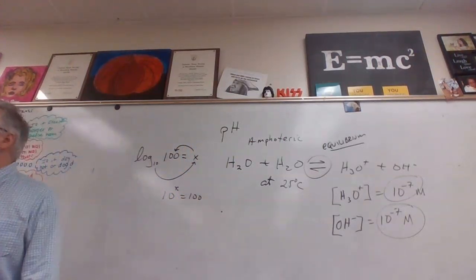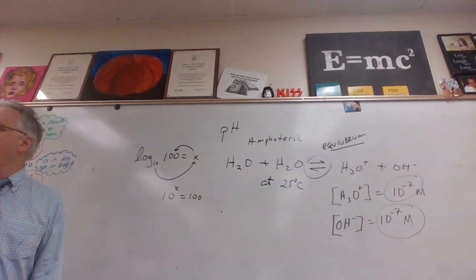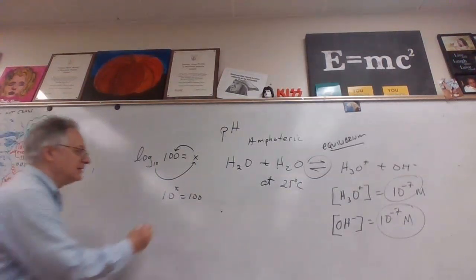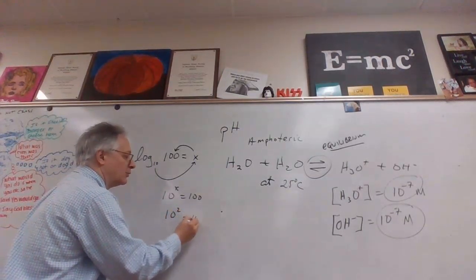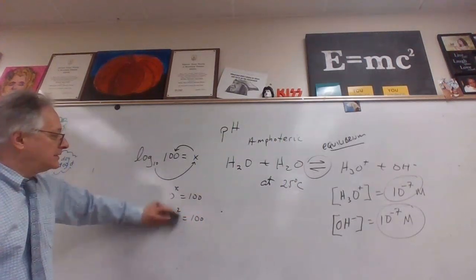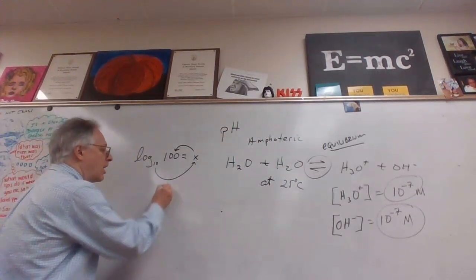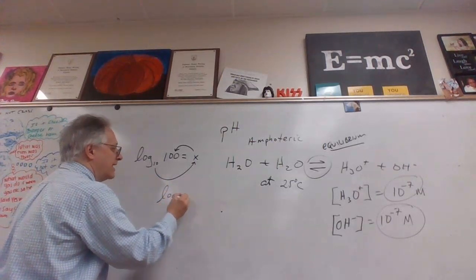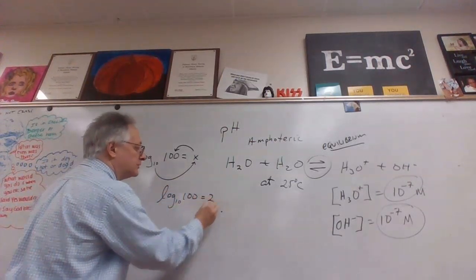So what would your value of x be in that case? 2, yeah. 10 to the 2 is equal to 100. So we would say log base 10 of 100 is equal to 2.